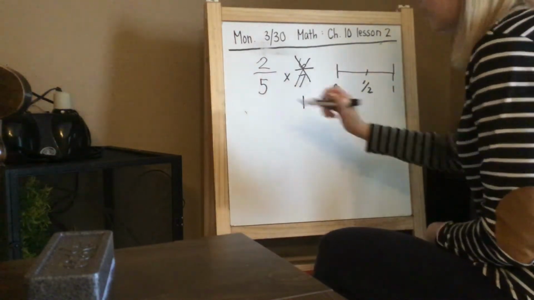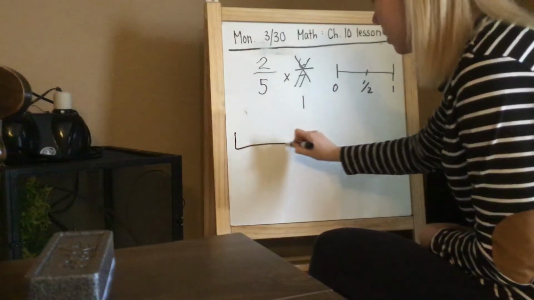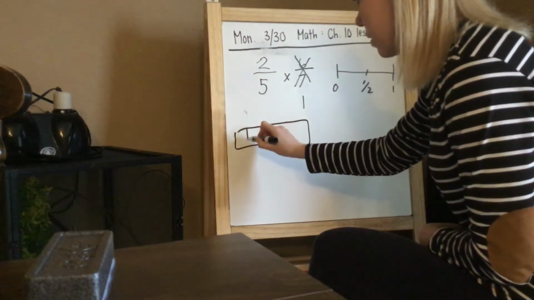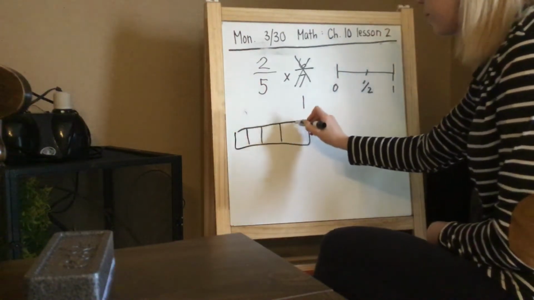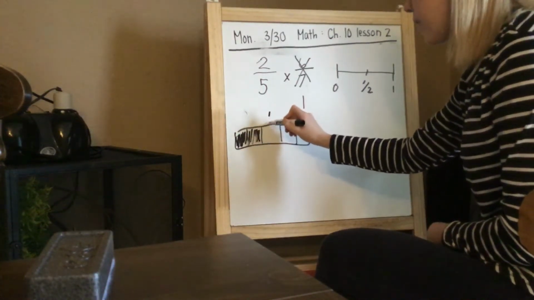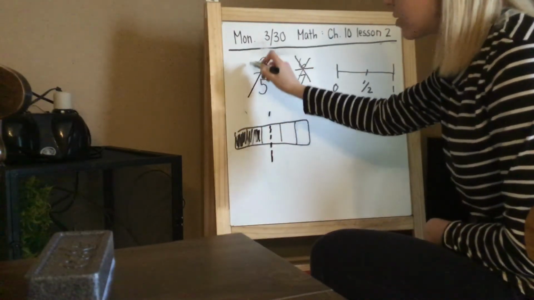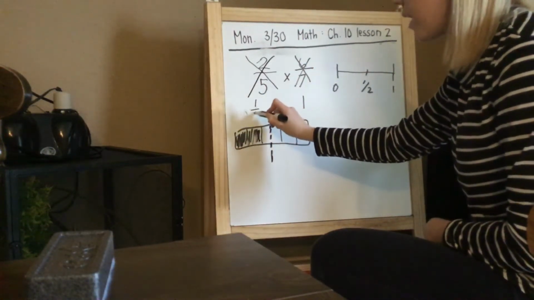And then we are going to change this 2/5. If I have 2/5 of something, 2, 3, 4, 5. Here's half, so I'm really close to half. So I'm going to change this 2/5 to 1/2.